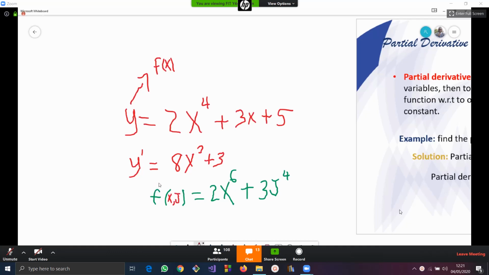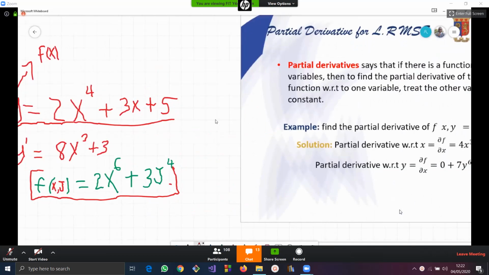Anytime you have equations with multiple variables, you use partial derivatives. What we taught way back is the derivative of one variable, like the function of x.